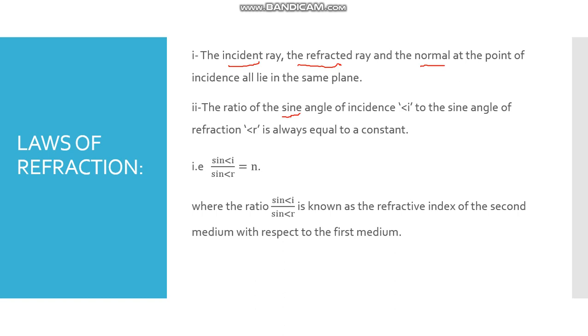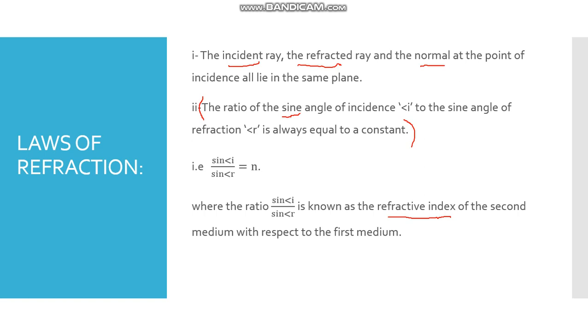And here one more thing, that the ratio sine I upon sine R is known as the refractive index. So one more thing in the SLO I have written is, what is refractive index? If anyone asks you about refractive index in the exams, what you have to write is the second point: the ratio of the sine of angle of incidence to the sine of angle of refraction. This ratio is actually called the refractive index.